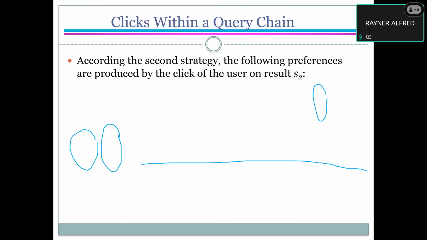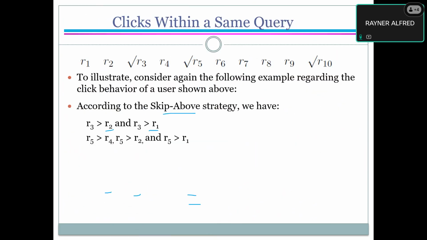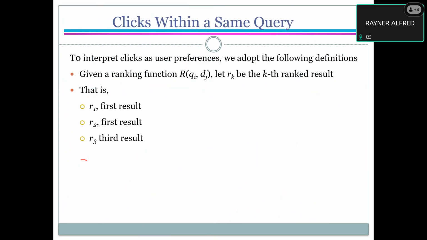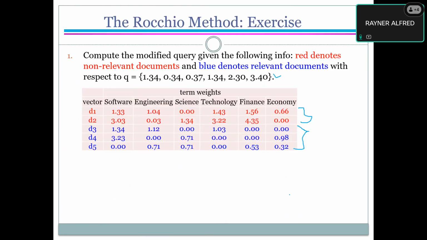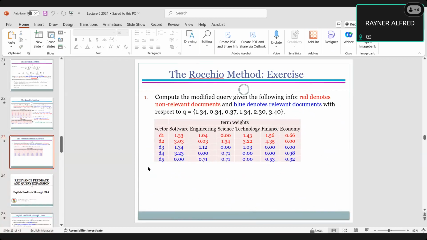One is the Rocchio. You can access this in the iTEL. We will solve the solution together. Okay. So have a look at this, and then please share your solution later on.